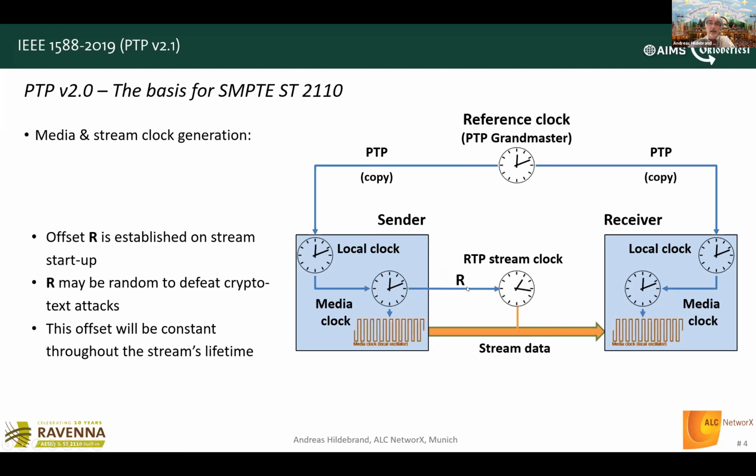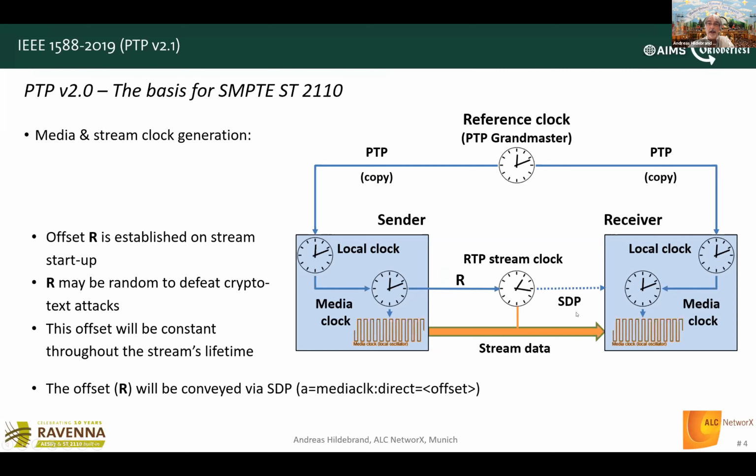Now, as you can see, there's a random offset between the RTP stream clock and finally the local clock in the sender. That offset R has been defined by the underlying standard, which is RFC 3550, to be random per individual stream. But it's constant throughout the lifetime of the stream, and the offset will be conveyed out of band to the receiver, which of course needs to know the offset in order to align the incoming stream with its local clock.